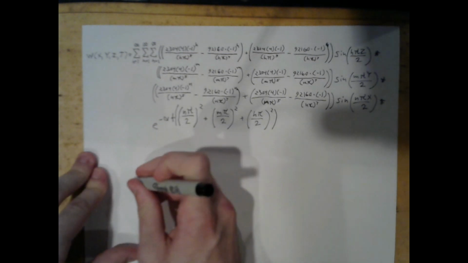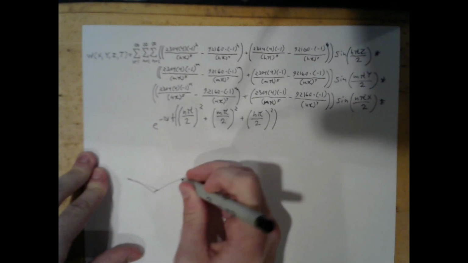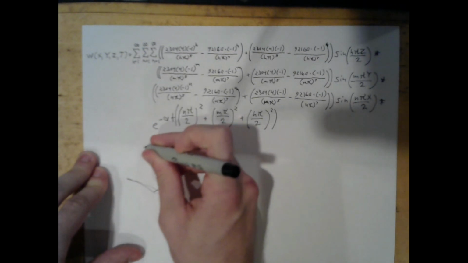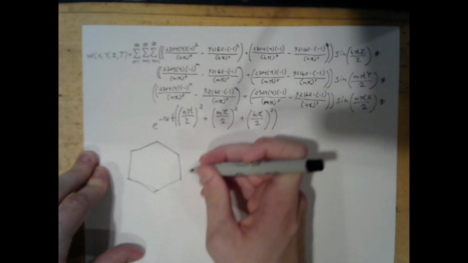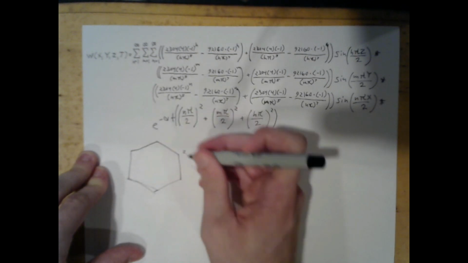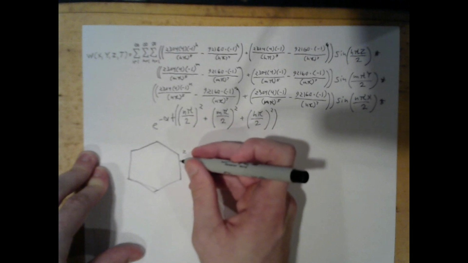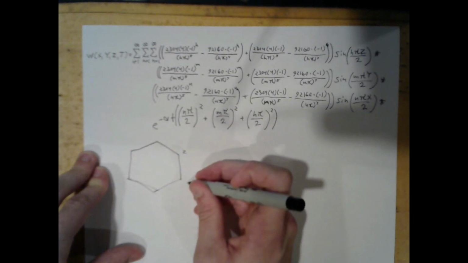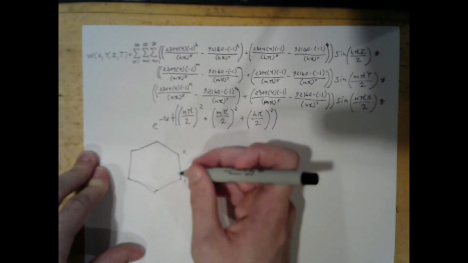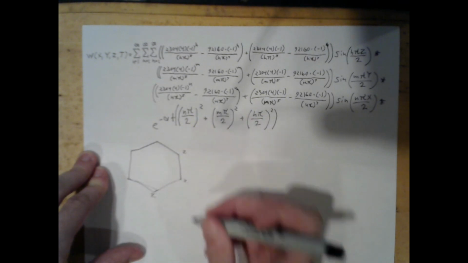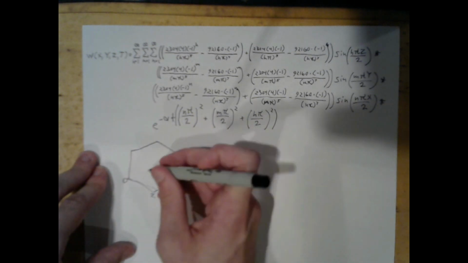So what this should look like, we should have a cube with our given dimensions. So we're going to say 2 outward, 2 up, and 2. Okay, and then this is the origin, this is 0.